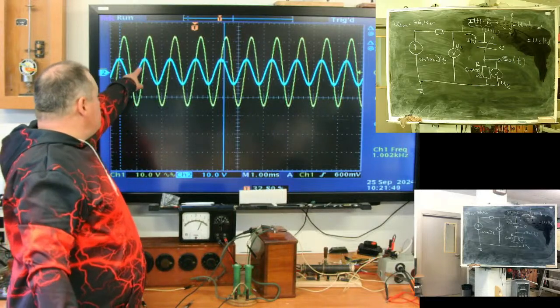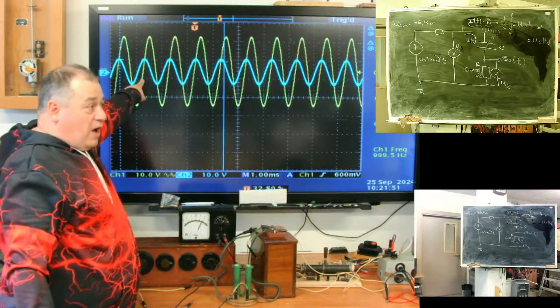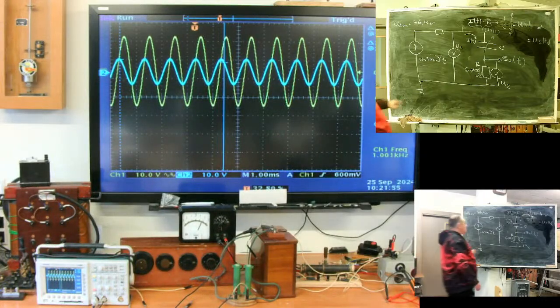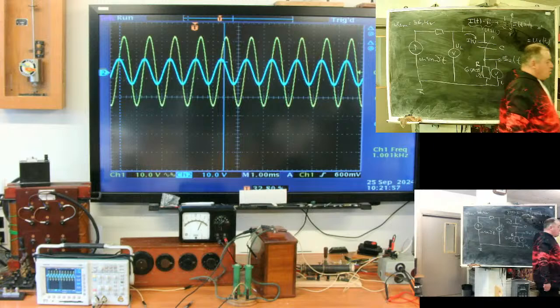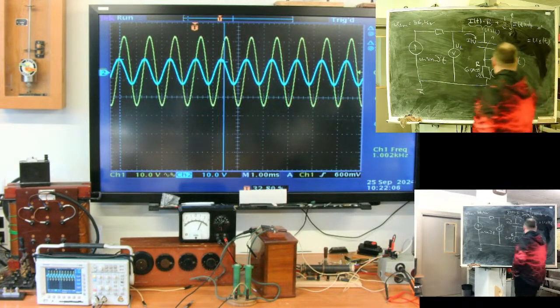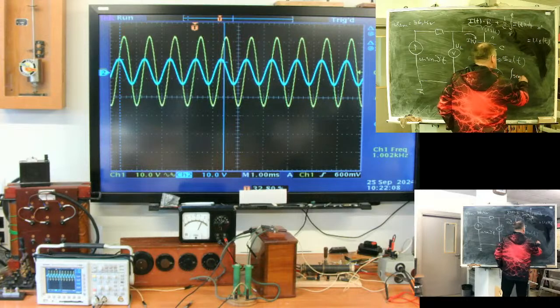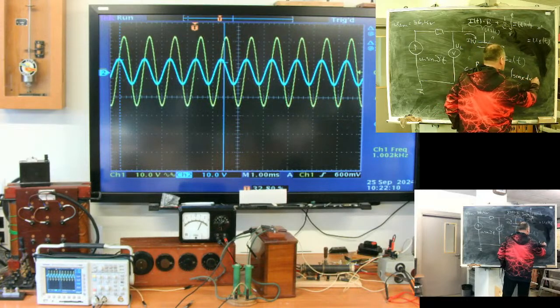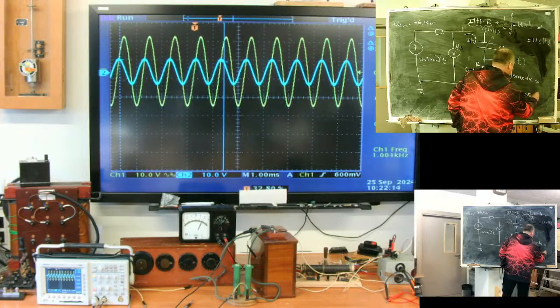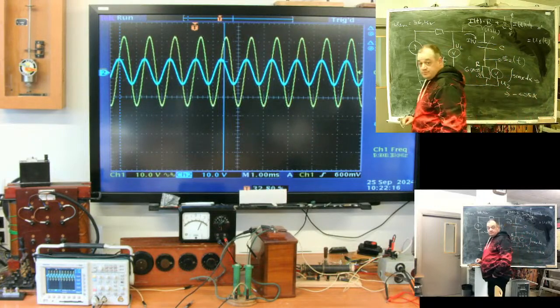Because you see this difference. Why? Because of this. Input is a sine, but integrating sine, we got what? Minus cosine. Integrate of sine alpha leads us to minus cosine of alpha. Yeah? Yeah.